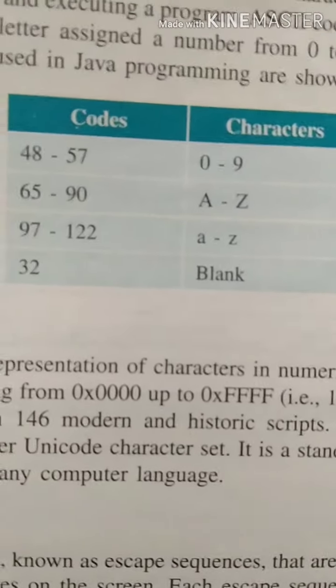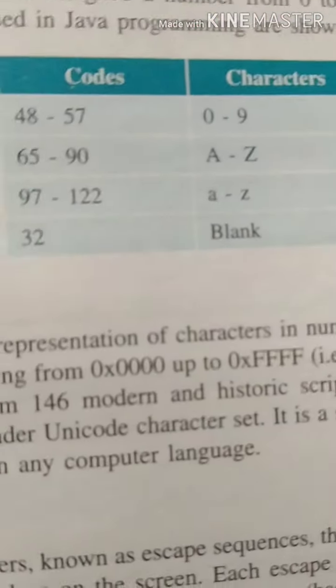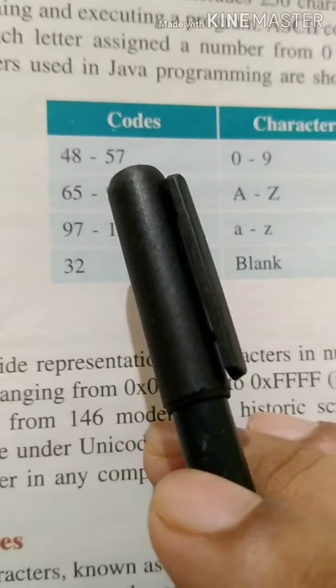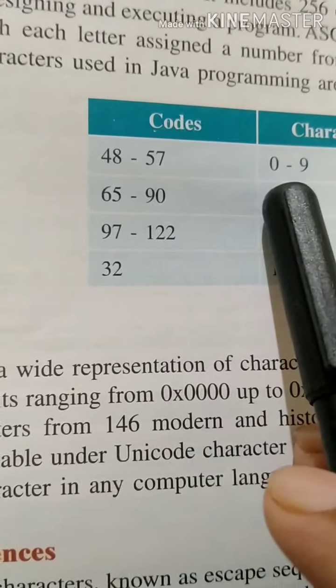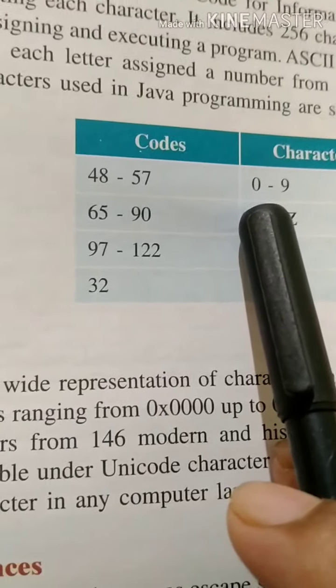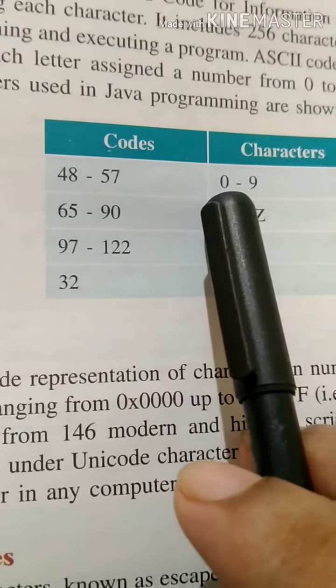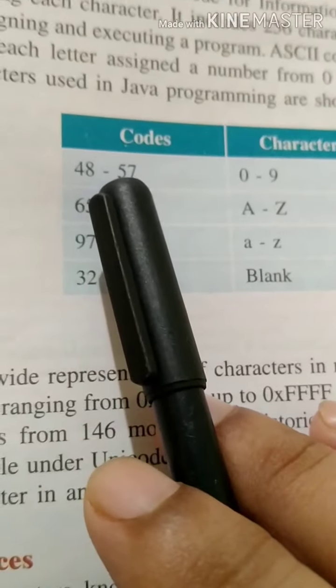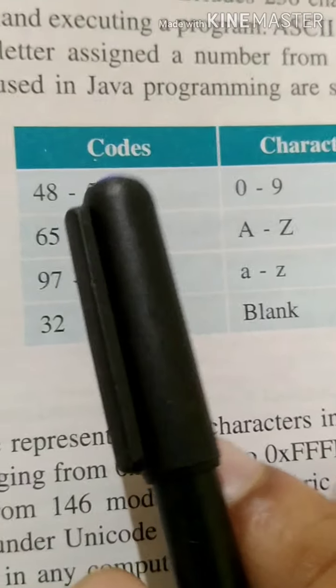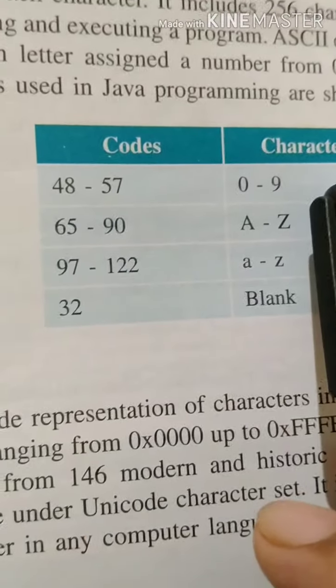If you open Notepad, hold down the Alt button and press 48, then 0 will come. If you hold Alt and press 49, it will show 1. If you hold Alt and press 57 from the numeric keypad, then 9 will come.